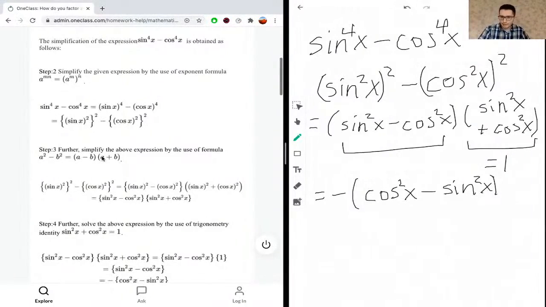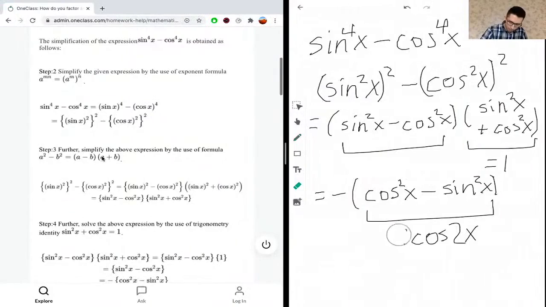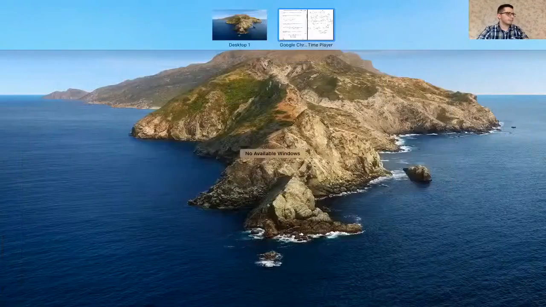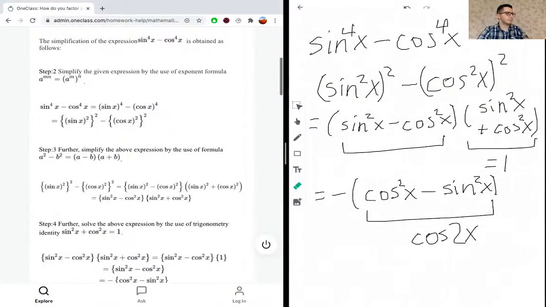The trig identity that we have here is cos squared x minus sine squared x is equal to cos 2x. Actually, it's not 2 cos, I believe it's just cos 2x. Let me double check this. Usually you have a trig identities table that is useful to remember all the trig identities. Let me pull one up so you can take a look.